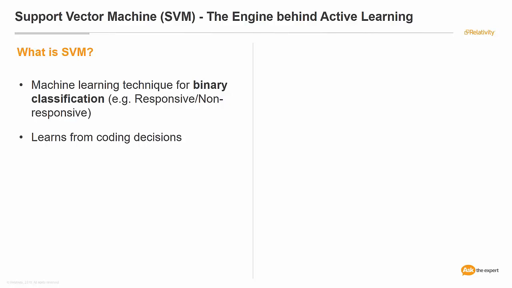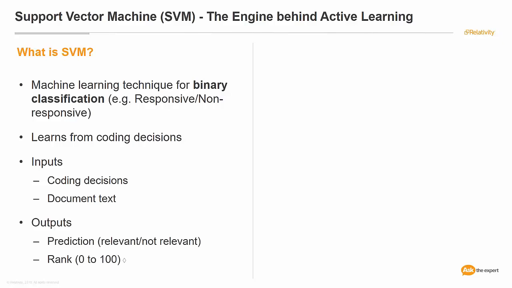The system is going to learn from the coding decisions that your reviewers make and feed in. So the inputs into the system are those coding decisions as well as the document text. The machine learning operates off of the extracted text of your documents, so it can only work on documents that have extracted text. The outputs from the system are a prediction or classification, that binary classification, predicted relevant, not relevant, responsive, not responsive, and then every document is ranked on a scale from 0 to 100, with the ranking being an indication of the strength of the system's prediction.